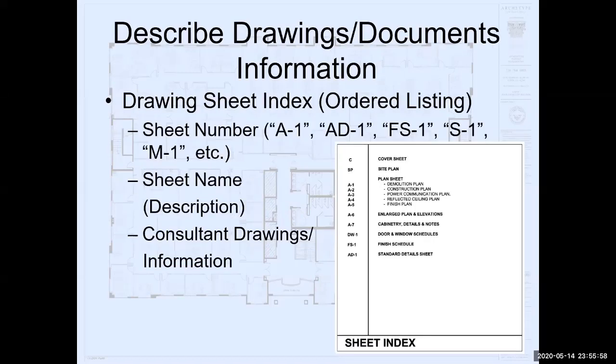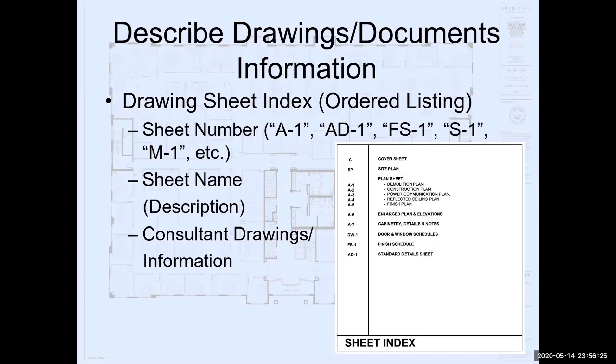Okay, so as we move back over to some of that important information on the right, we want to remember that we have to give kind of like an index that would occur at the front of a book. We want to let folks know what kind of drawings, what is the full complement of information that they should expect in this set of drawings.